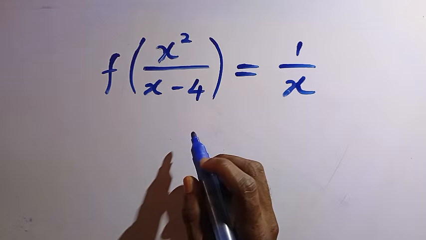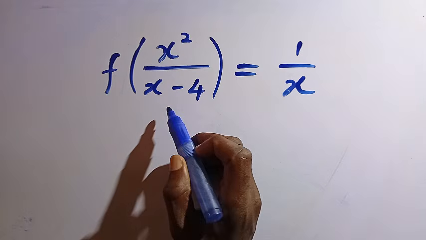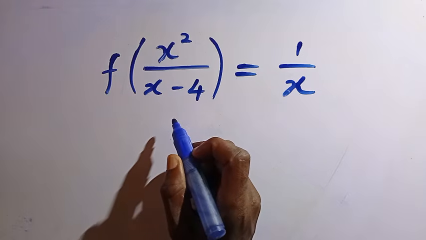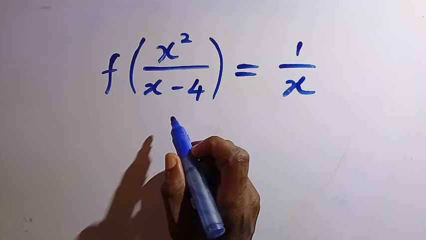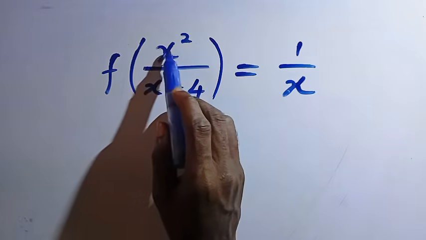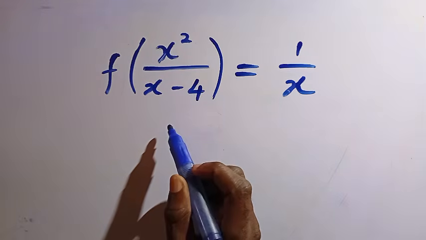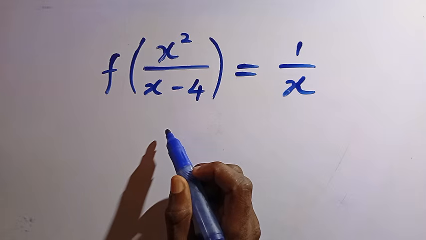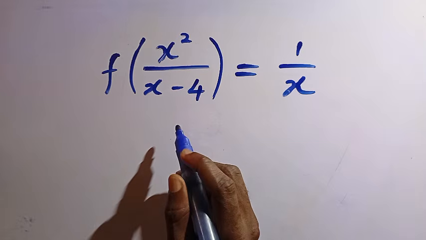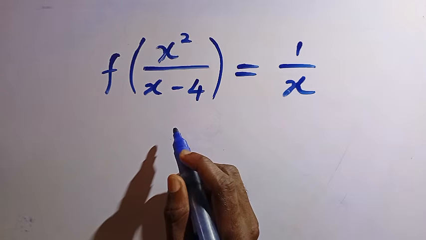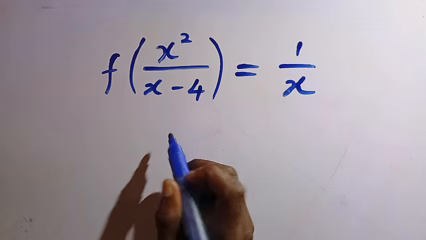First, looking at this domain, we are going to apply the substitution method and consider the fact that we have x squared here, showing that this is not one-to-one. So therefore, we are getting two answers. And also, we consider the domain.